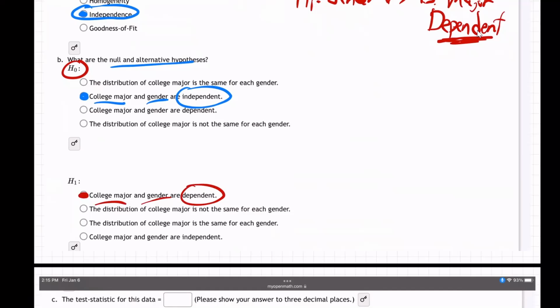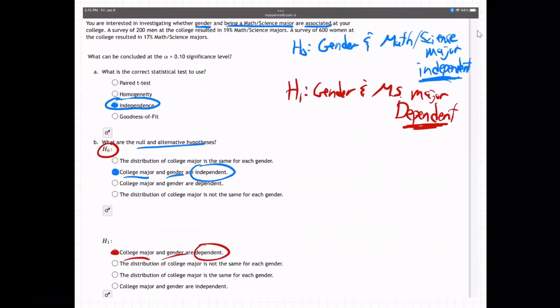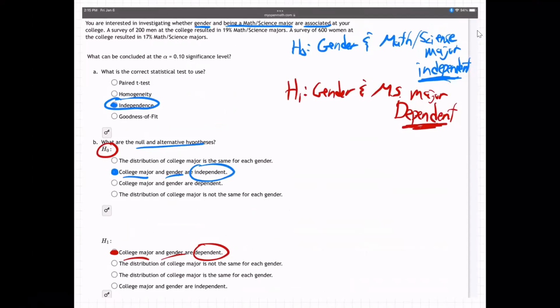So are men more likely to be math science? Are women more likely to be math science? Are men less likely to be math science? Whatever. That's what we're trying to figure out. Does it make a difference? Does one gender versus another tend to connect more with being a math science major or not? Are those two things connected? That's what we're trying to figure out in here.